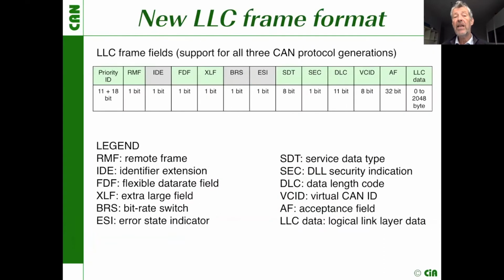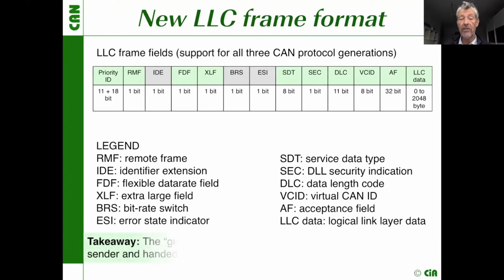So you don't care about these interfaces in between the sublayers, but you, as a user, see the LLC frame format. And we have a new one which covers all three protocols, because it's intended in the CAN data link layer that we can run all three flavors of the CAN data link layer protocols on the same hardware. So we have different fields here, and the green fields which you see, this is what you have to provide as a user of the different CAN data link layers. The gray one is added automatically by the LLC sublayer.